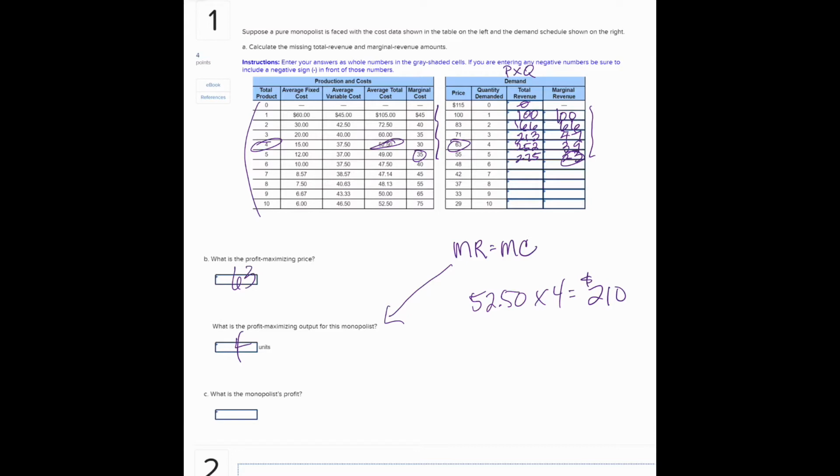And we can compare that to the total revenue for those 4 units. Total revenue is here at 252. So you subtract costs from revenue. That's our formula for profit. And we're going to get the monopolist profit at $42.